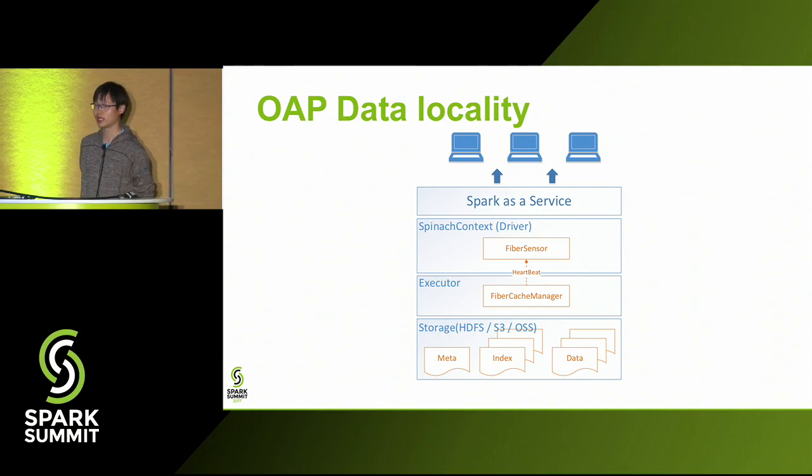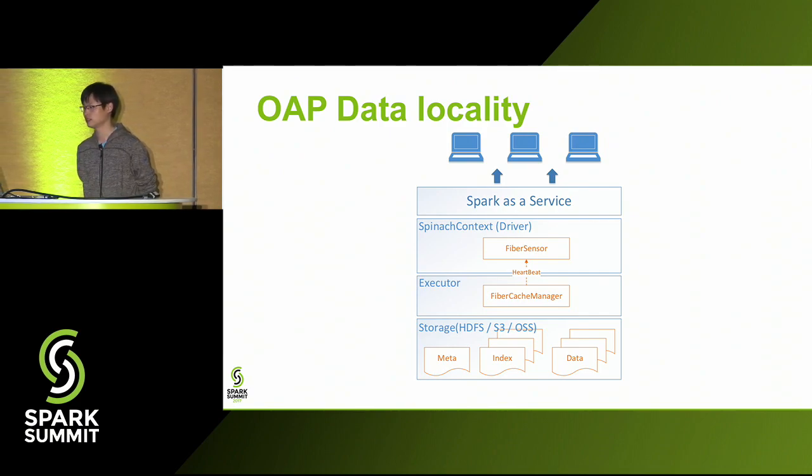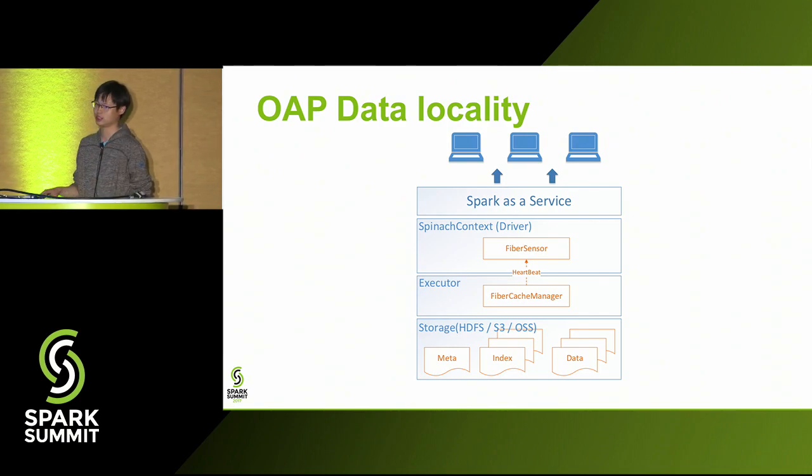Yes, and since we have caches crossing the whole cluster, for each executor we have a fiber cache manager to manage all those caches. And the fiber cache manager will send what they cache to the driver-side object of fiber sensor. So the fiber sensor could update and maintain the whole map of the cache circumstance.